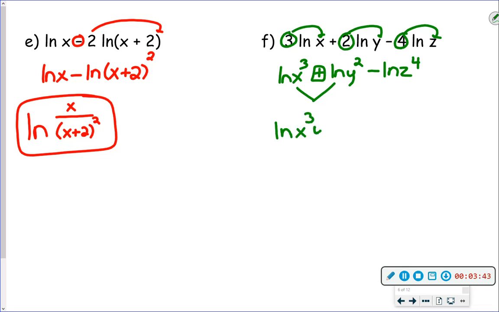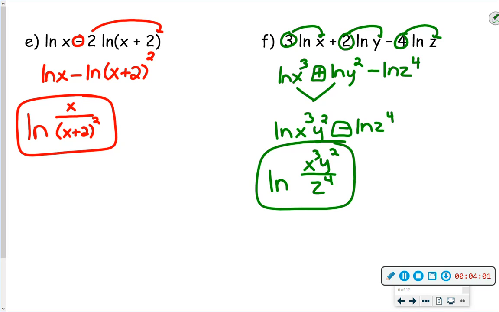So x cubed times y squared. I just didn't put the times symbol in, but we know that it's really there. And now I'm going to condense subtraction into 1 ln divided. So x cubed y squared divided by, I'm going to use the fraction bar, z to the 4th. And again, I know some of you can do more of that in your head and you don't need to write out every step. Just making it look good for your notes, of course.